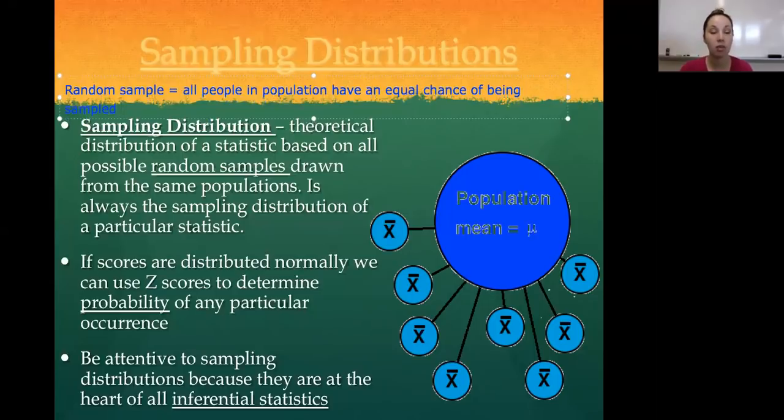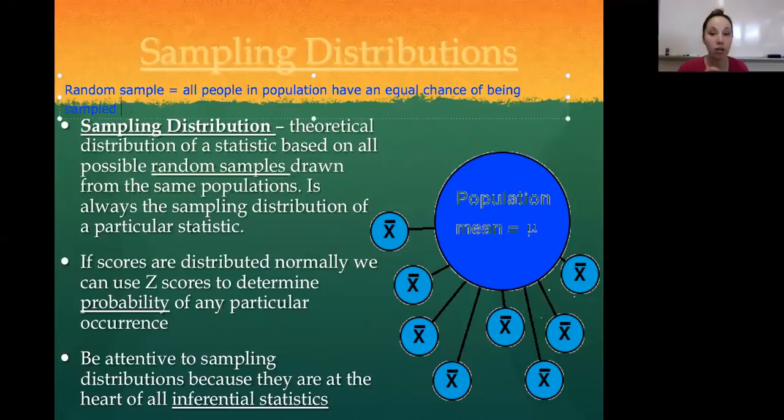So a random sample is one in which everybody in the population has an equal chance of being sampled for the study. So sampling distributions involve random samples being drawn from the population. If our scores are distributed normally, so this kind of gets back to what I was talking about in Chapter 7, we can use z-scores to determine the probability of a particular occurrence.